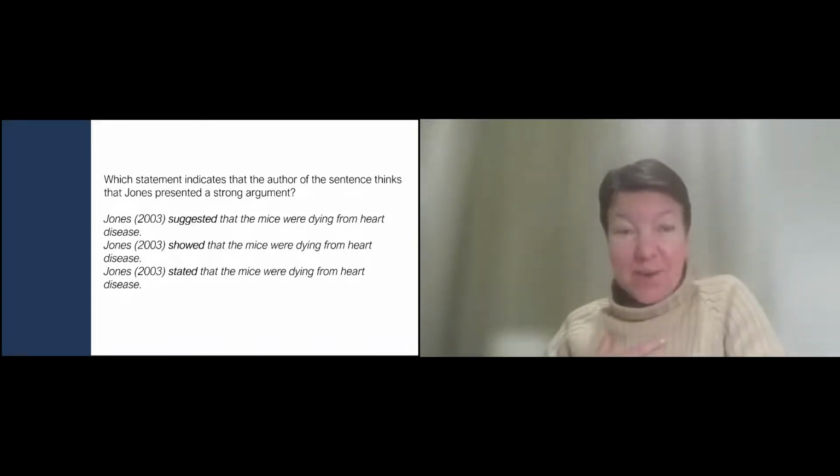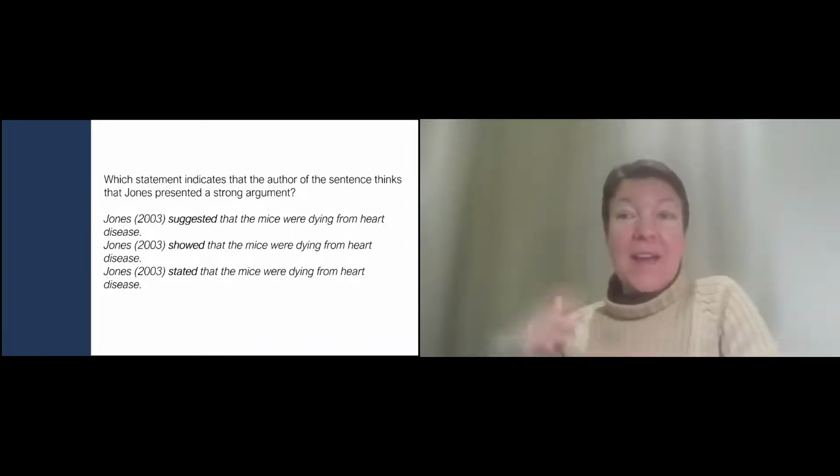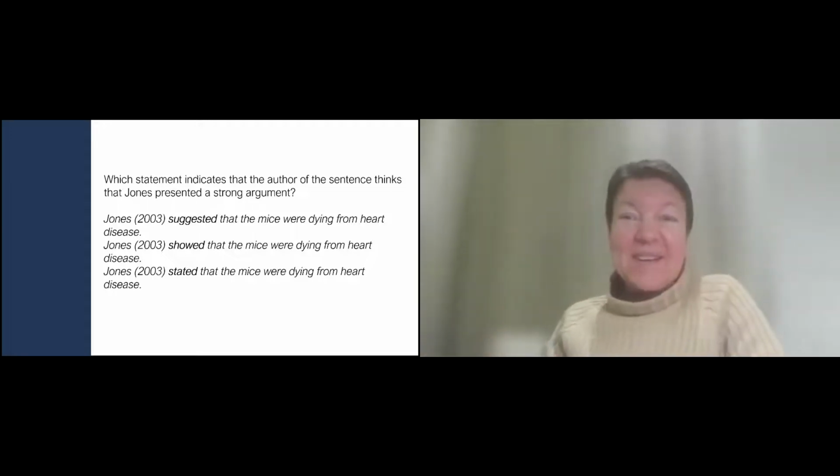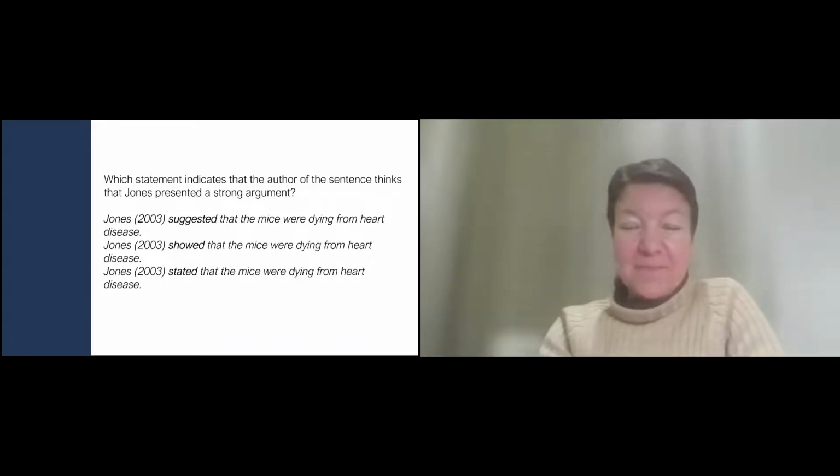Since we didn't read that article by Jones from 2003, we have to rely on the author's opinion. And we assume that the author gave that article full consideration and it's an expert opinion, right? But, okay, all right. So there's always a possibility of interpretation and it's normal, it's okay.